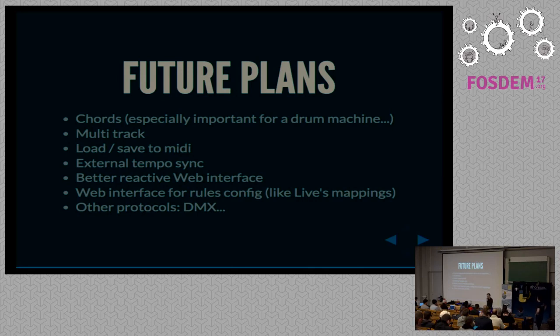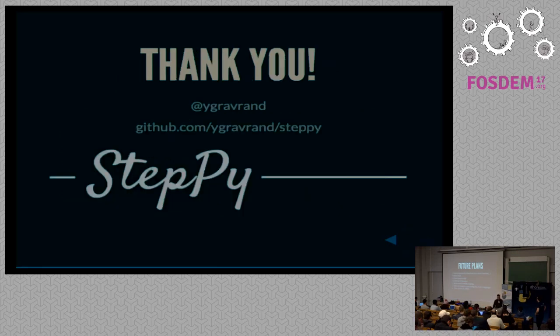Ableton Live does a great job. You just put it into mapping mode, and you turn something, and it creates a rule. So I would like to do something like that, and maybe open it to other protocols like DMX for lighting, which can be sequenced the same way.